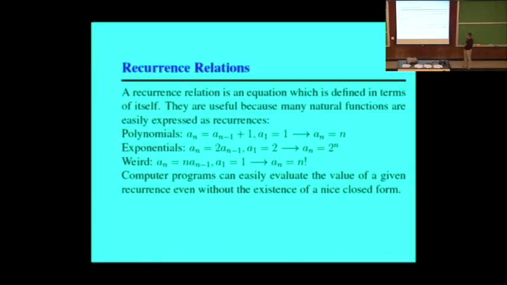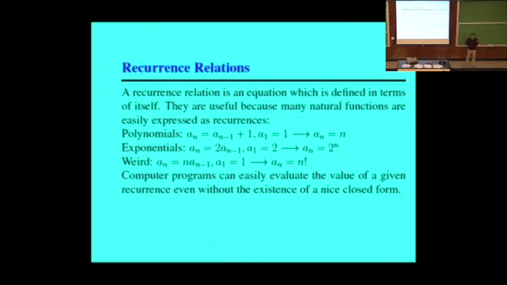What is a(3) going to be? 3 times 2, which is 6. What is a(4) going to be? It is 4 times 6, or 24. Does anybody recognize what function that is? This I wanted to hear more excitement about. What is the function that is? N factorial, okay?